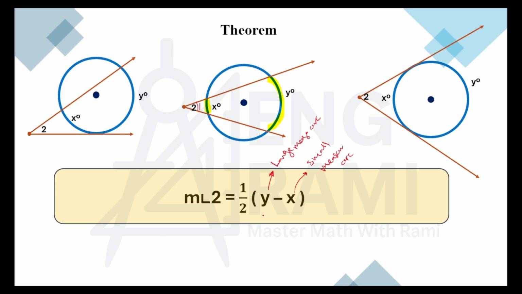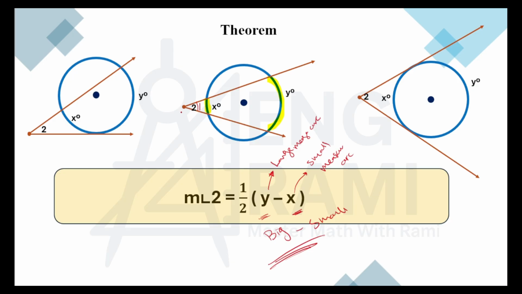Always apply that: the big minus the small. Big minus small. We have three cases. This is case one, the secant lines. This is x, which is the measure of this arc, and this is y, which is the measure of this arc.